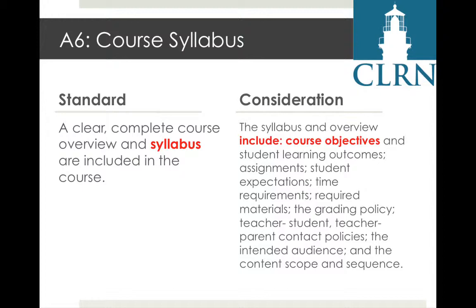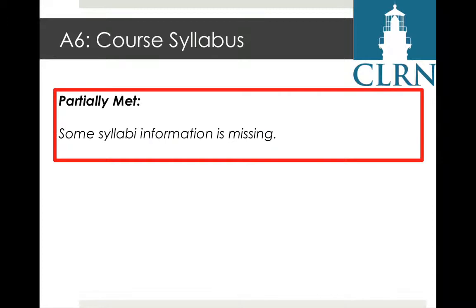While we don't expect all of these to be present in order for the standard to be fully met, many of these should be included. The syllabus should at least contain course objectives, an introduction, and some form of orientation in order to be partially met. The partially met comment is some syllabi information is missing.